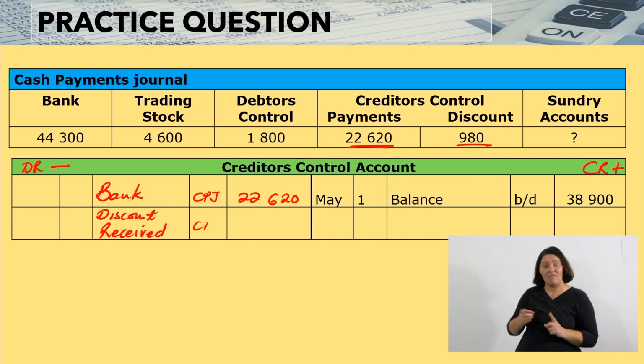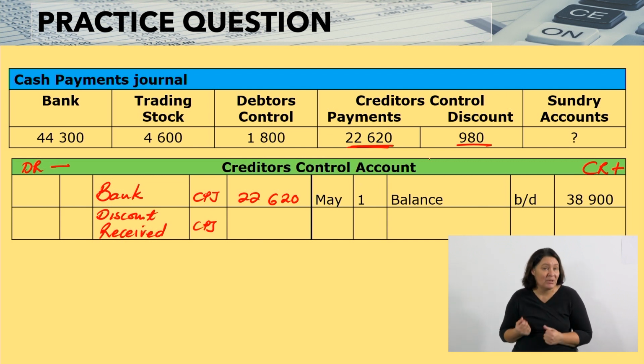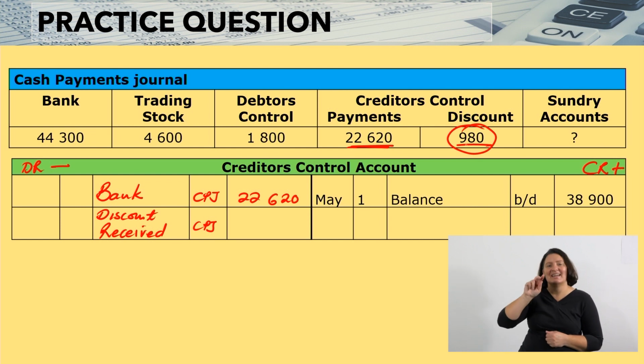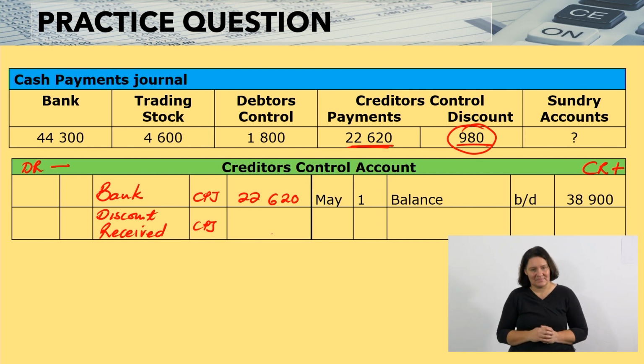Remember, from the CPJ. Do we have discount? Yes, here it is. I will record my discount received, 980 rands. Very important. From your CPJ, you get your bank, you also get your discount received amount.